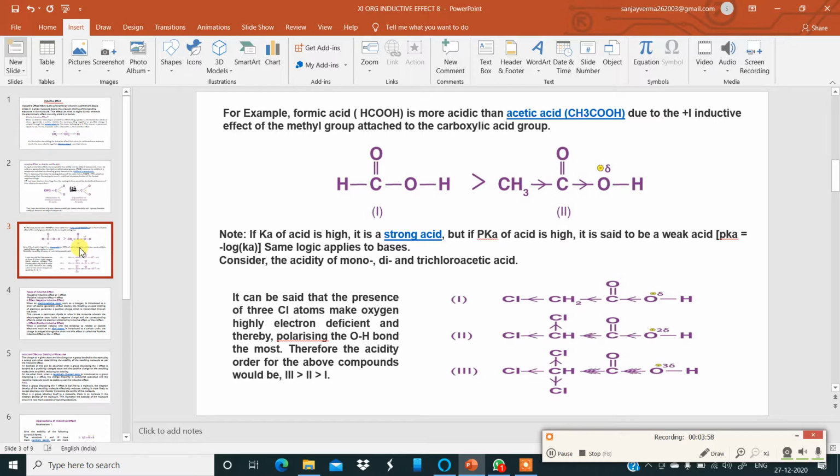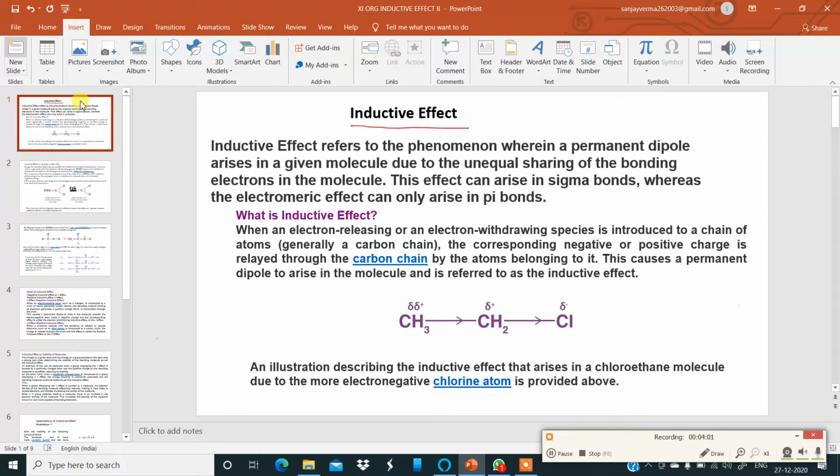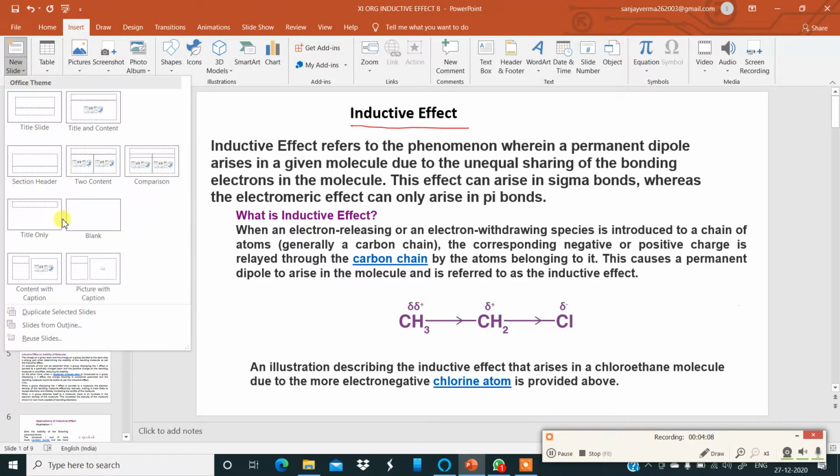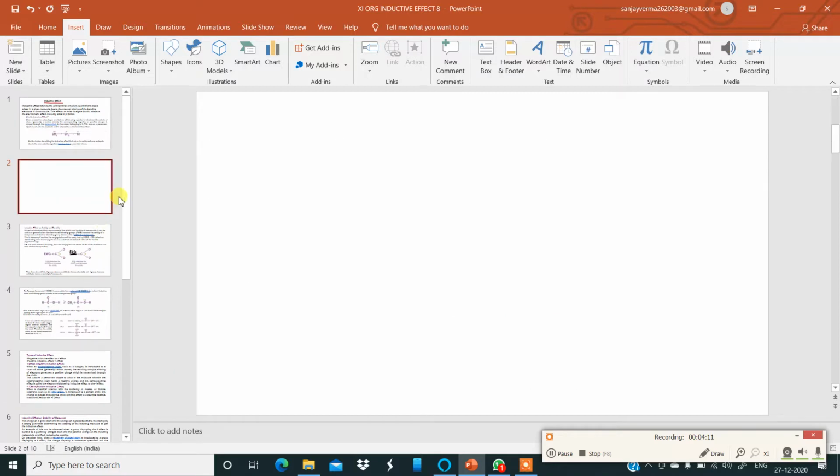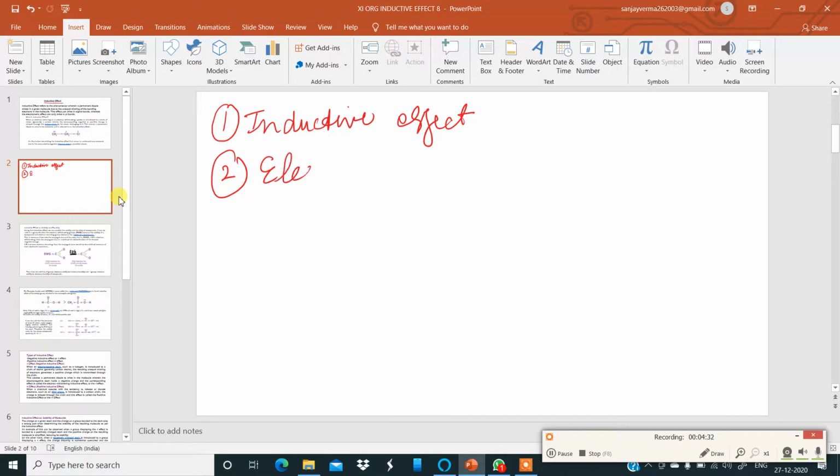Let me briefly tell you about these 4 types of electron displacements in covalent bonds. The first one is called inductive effect. The second one is called electromeric effect.